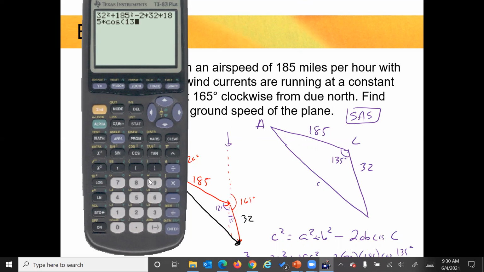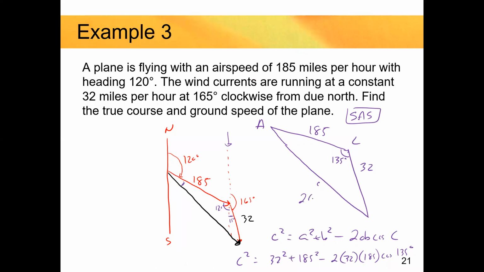Thank you. Okay, big number. And then we have to take the square root of that number still. And 208.9. This is miles per hour, right? That's how fast it's going.